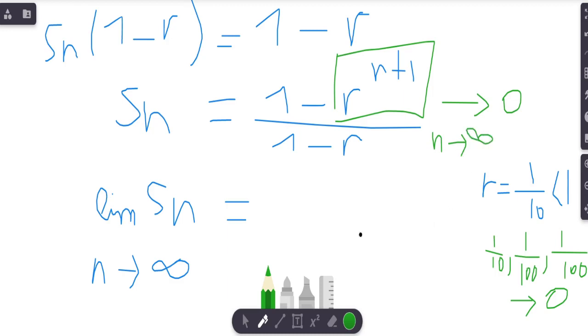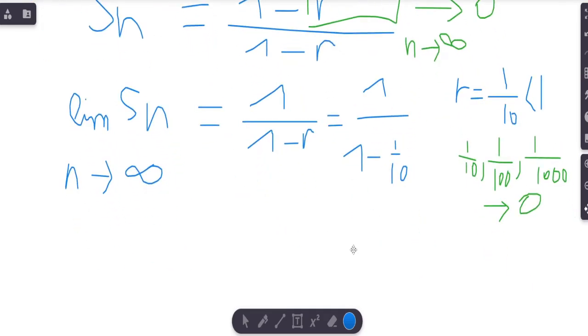Okay. So we will be left with 1 divided by 1 minus r, which is 1 divided by 1 minus 1/10. Okay, so let's calculate this fraction.